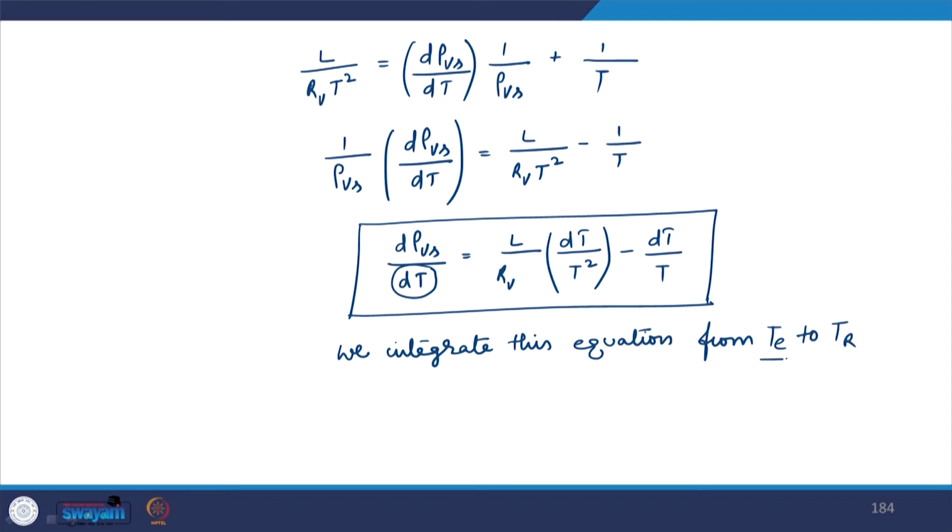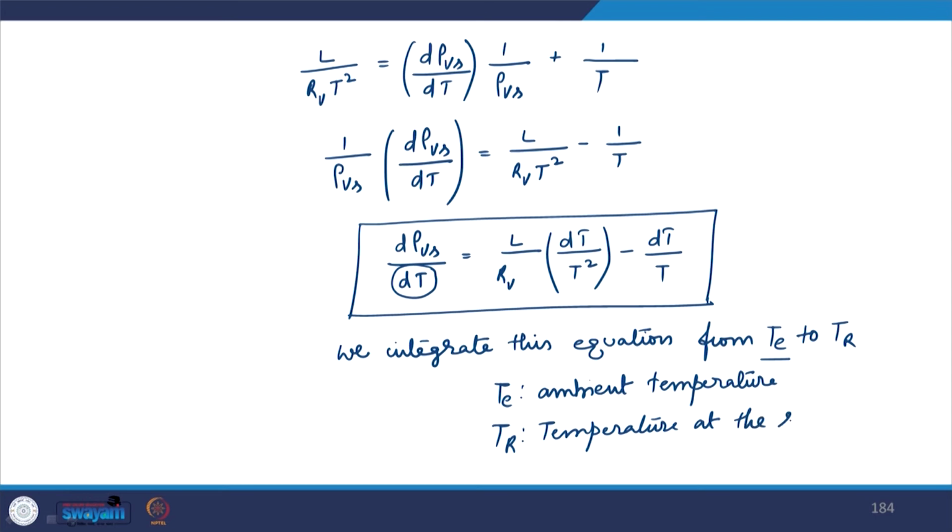So, what is TE? Where TE is the ambient temperature, TR is the temperature at the surface of the droplet.